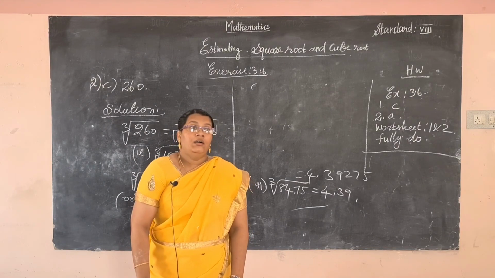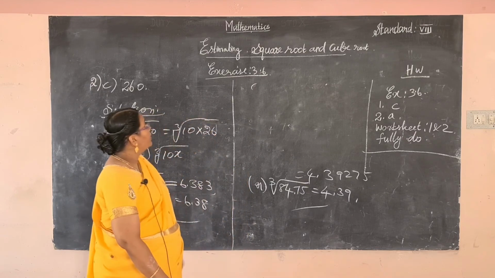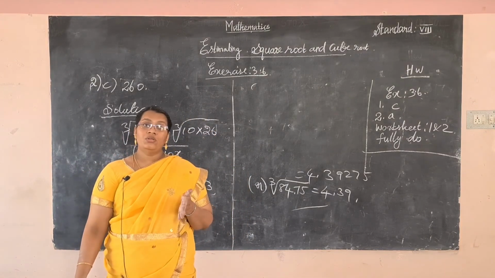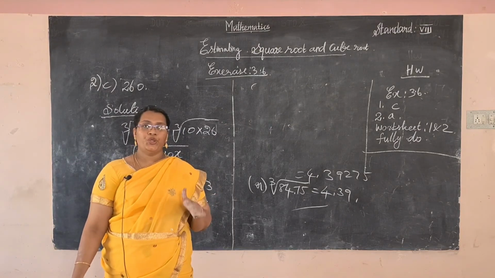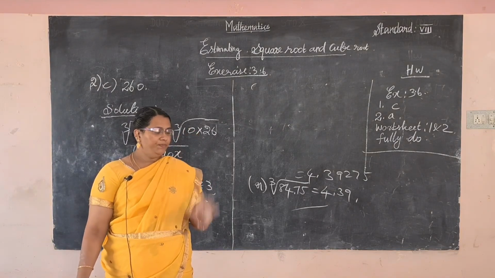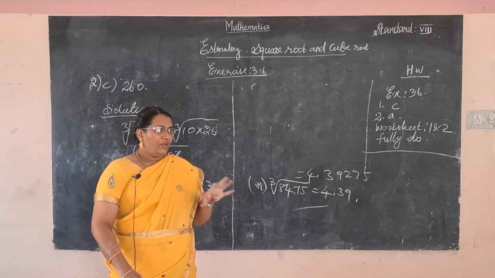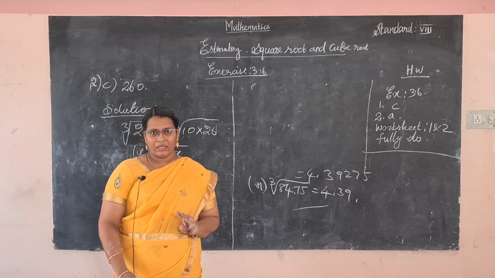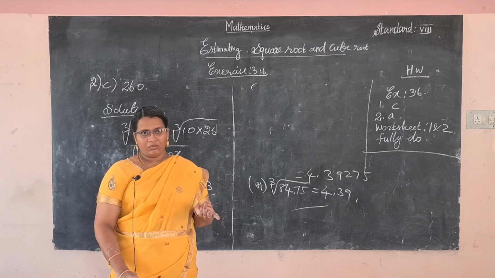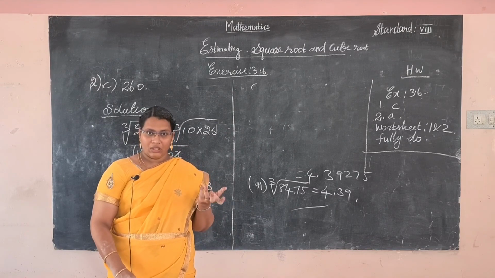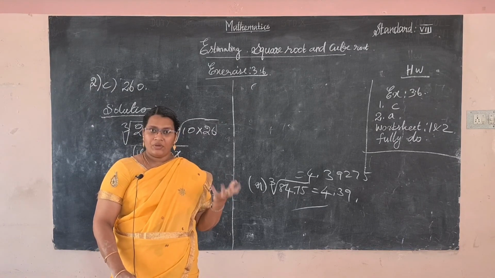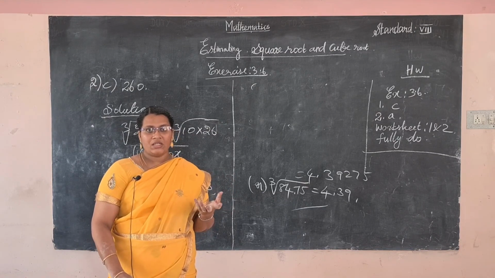Okay, and the third chapter, what is the third chapter? Square, square root, cube, cube root. Okay, we have completed. We have learned in this chapter how to square numbers, how to cube numbers, and how to find the square root and cube root using different methods.